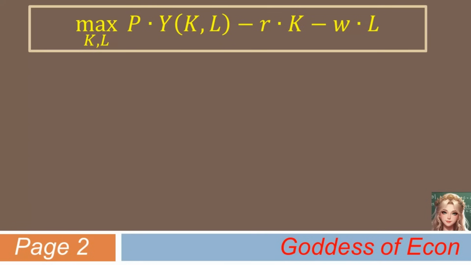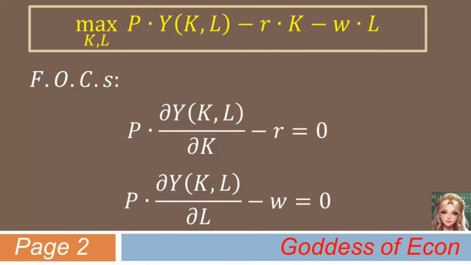Now, let's solve this profit maximization problem together. As is the case with any optimization problem, at the interior maximum, we know that the following first-order conditions will hold. That is, price times partial derivative of y with respect to K minus its cost, which is R, equals 0. Similarly, price times partial derivative of y with respect to L minus its cost, which is W, equals 0. And using these first-order conditions, we can derive the solutions to this problem as follows.